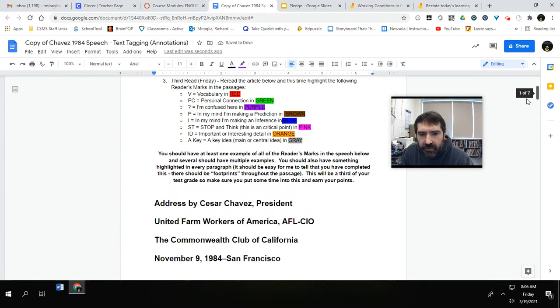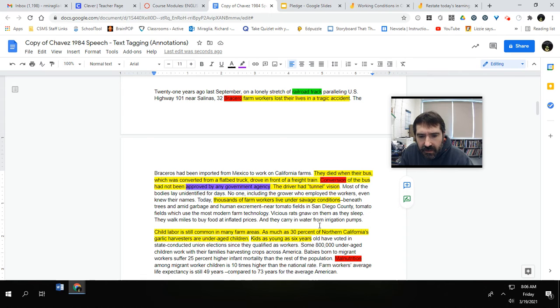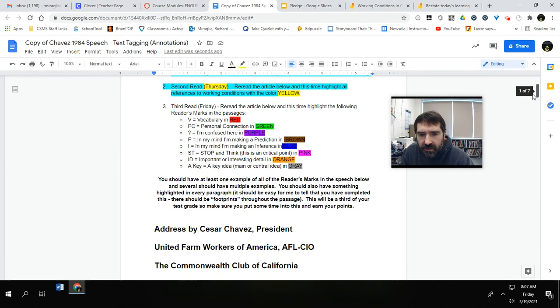So now we can go to the next one, which is brown, making a prediction. I'm going to predict that this whole thing is about working conditions. So if I did something like, workers live under savage conditions, this whole thing is going to be about working conditions. So that's my prediction.